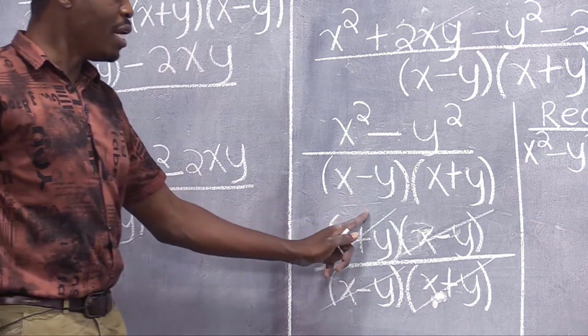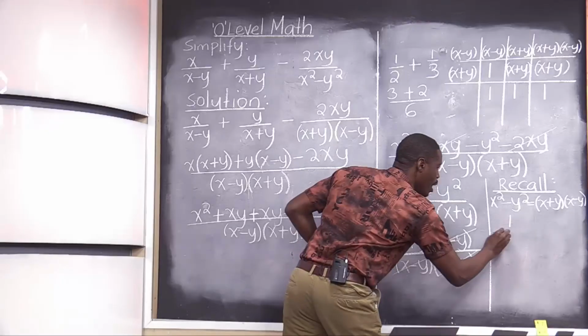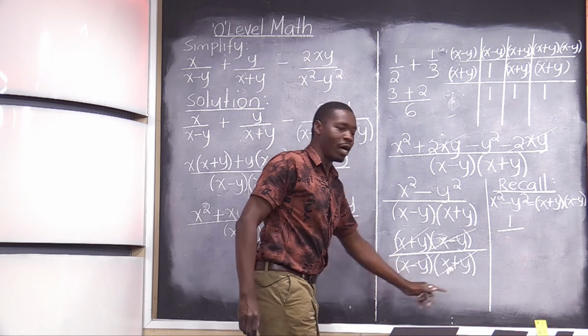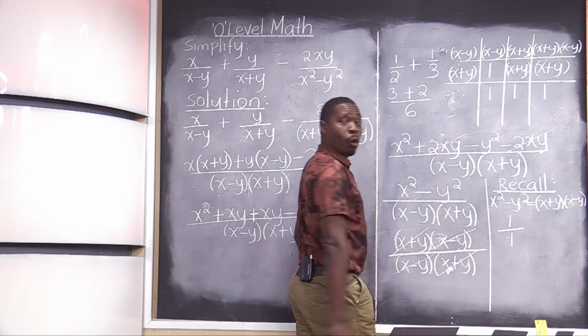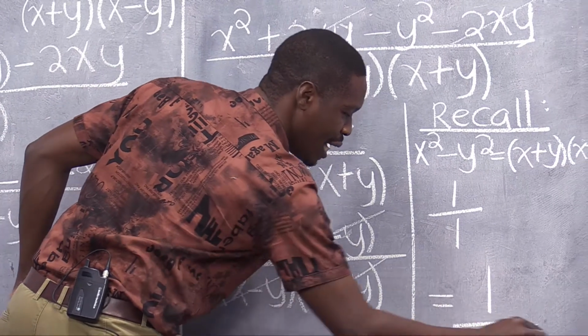We remain with a 1 times a 1 to give us a 1, which is a 1 over a 1. But 1 divided by 1, what do you get? You get 1 as your final answer.